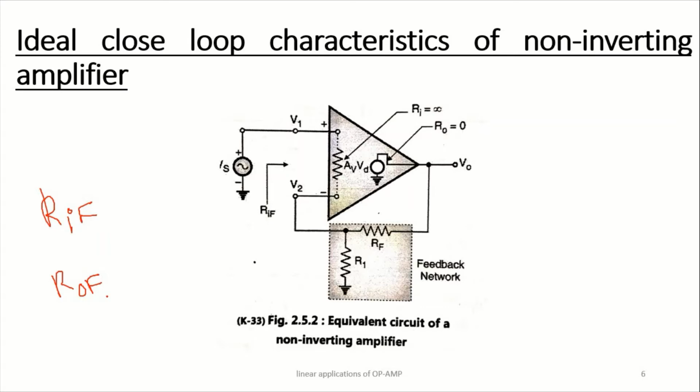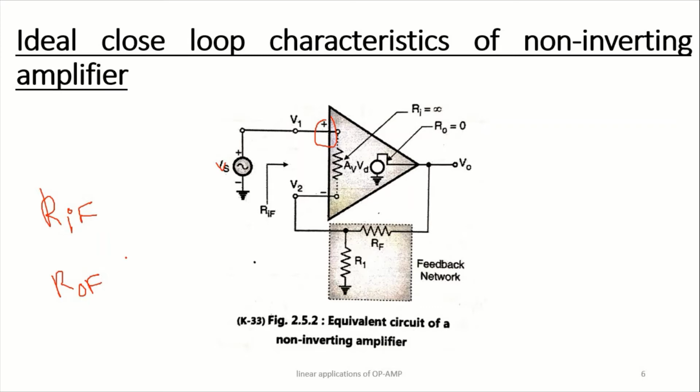The closed loop input resistance can be obtained from the ideal equivalent circuit shown in this figure. The closed loop input resistance RIF is the resistance seen by the source between the non-inverting input terminal and the ground. Non-inverting input terminal means this and this ground. This is a voltage Vs, the input signal.